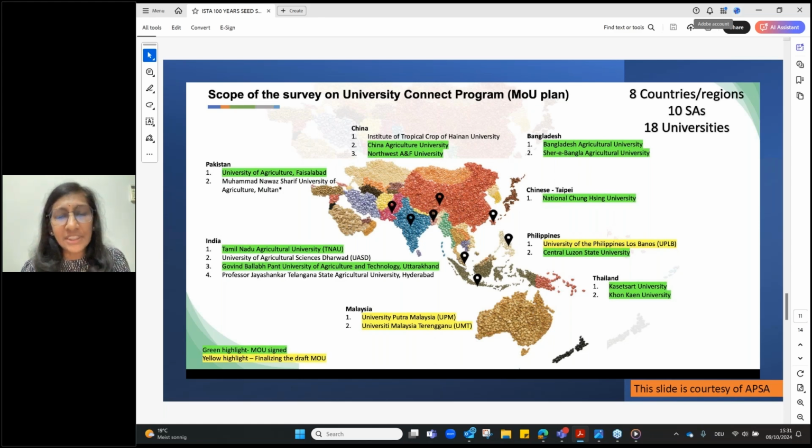And this is brilliant because these universities actually get access to all the activities of APSA free, right? Otherwise, some of the activities are for members only. So we open up, and this has opened up a lot of connections, and good things are coming out of this program. Next, please.